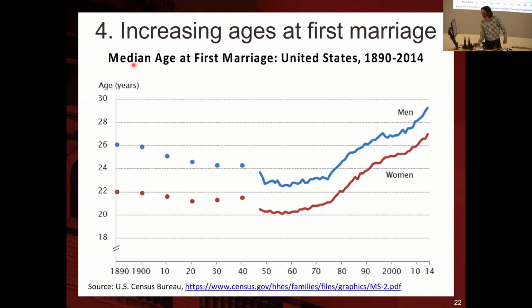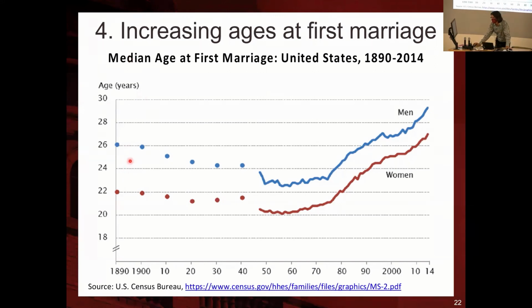And what exactly is median age? We ask all men the age at which they first got married, and we calculate the age that separates 50% of the people who got married older than this and 50% younger than this.